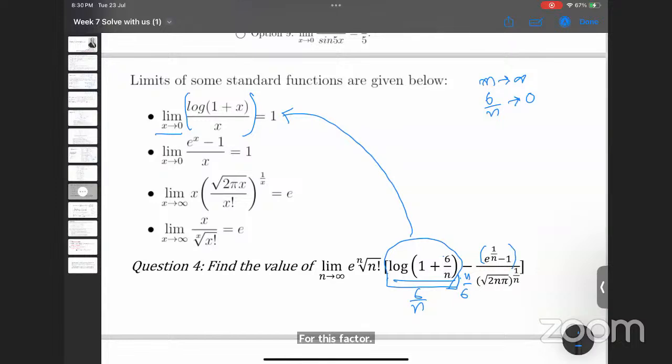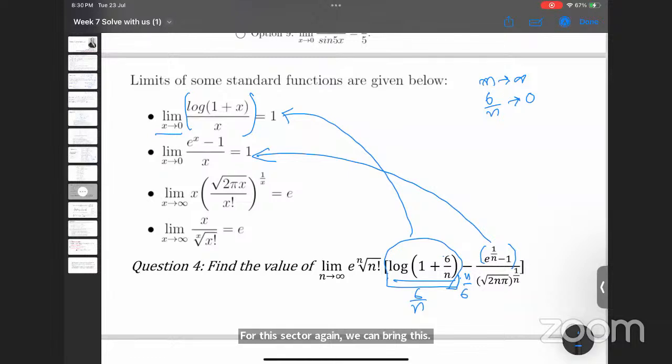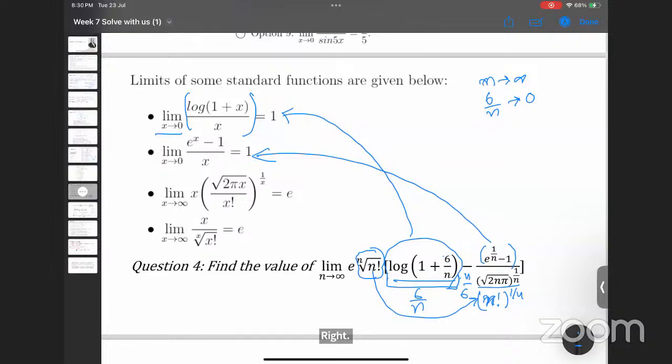For this factor, again we can bring this factor in this form, right? By multiplying and dividing with 1 by n. Similarly, we can do this here, n factorial, 1 by n. So this term you can actually check here, right? 1 by something.